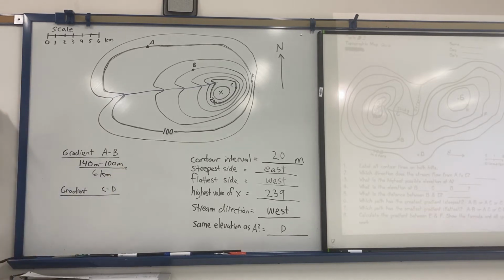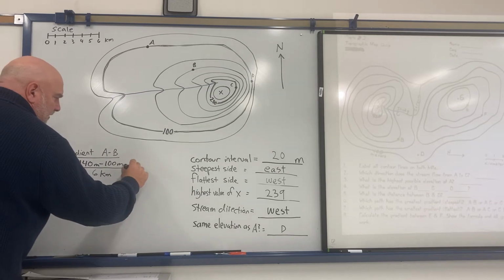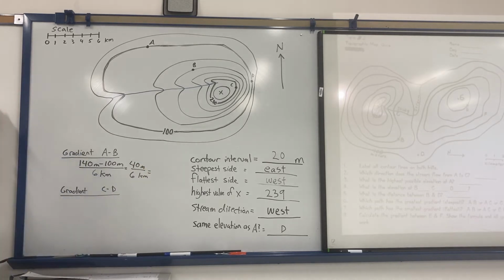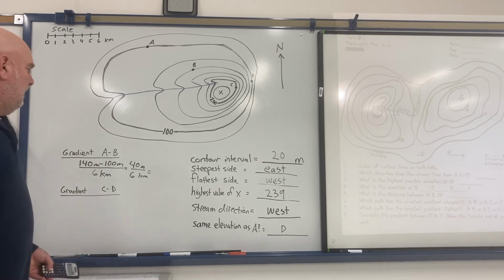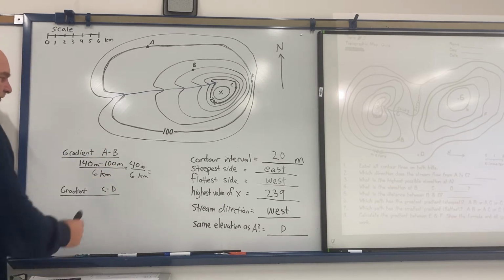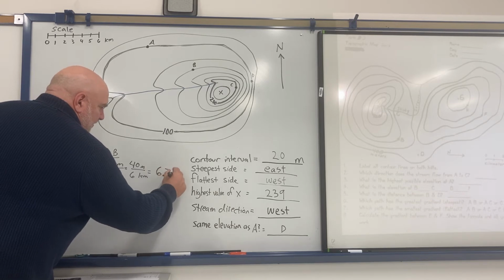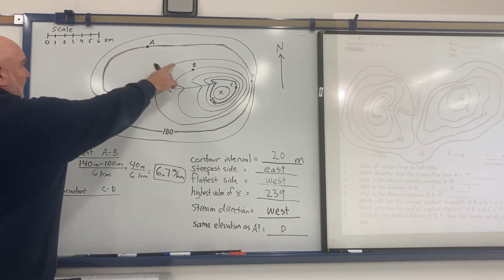Now I can simplify that. 140 minus 100, there's a 40 meter change over 6 kilometers. I pull out my calculator. 40 divided by 6 works out to be 6.7 meters per kilometer. All right. So that's the gradient between A and B.